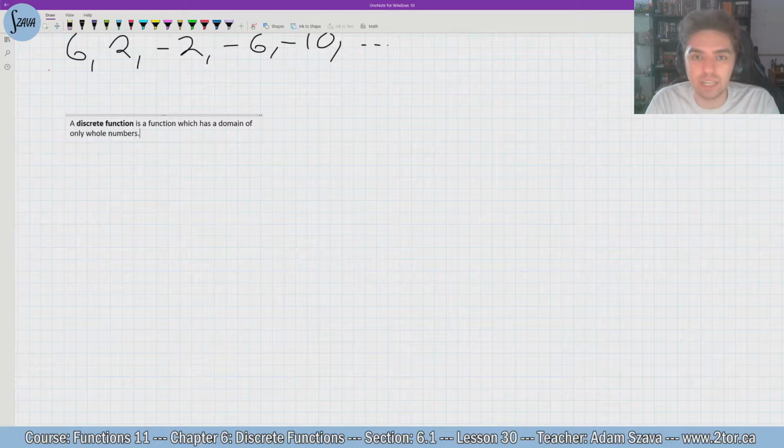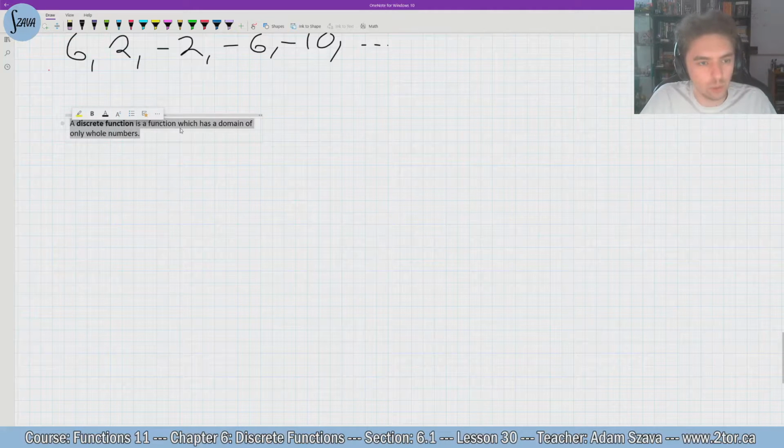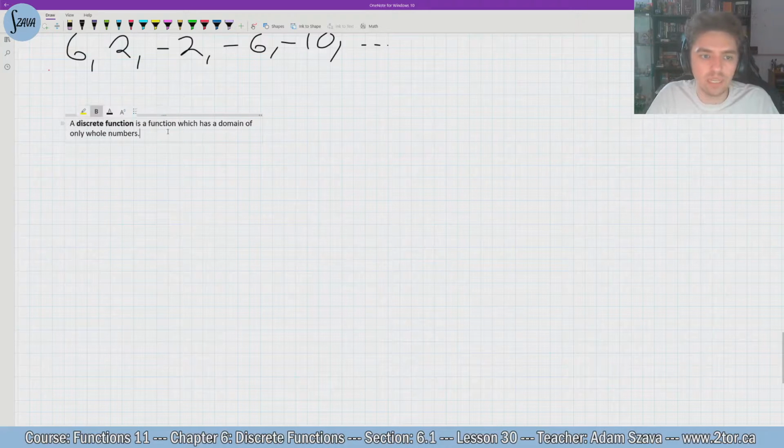But that's not true about everything. If you take every bucket of water in the world and measure the volume of water in there, you're not always going to have 1 liter, 2 liters, 3 liters. You're totally going to find 2.5 liters, any kind of decimal. That would be called a continuous measurement. But a discrete measurement is where it can only be those whole numbers. So a discrete function, we use the word discrete here to still mean only whole numbers.